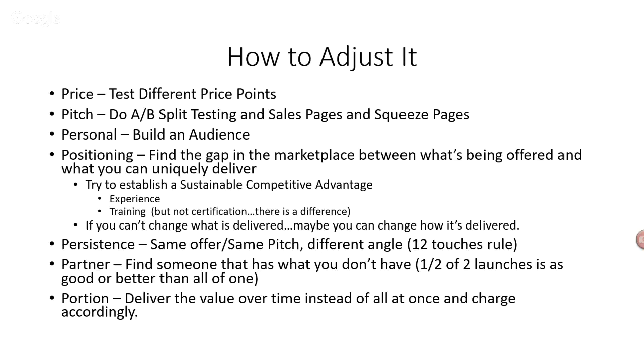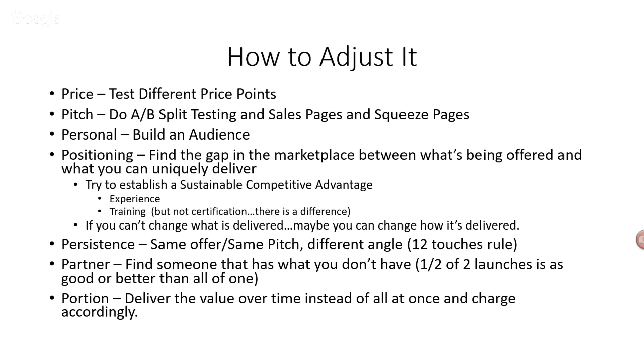Right. And so sometimes if the value is there and you don't want to lower the price, you can say, hey, pay me over time, right? Just pay me $97 over the next 12 months. And so that is really how we start to make these adjustments, let's say if you're in a program and it's not working, right?